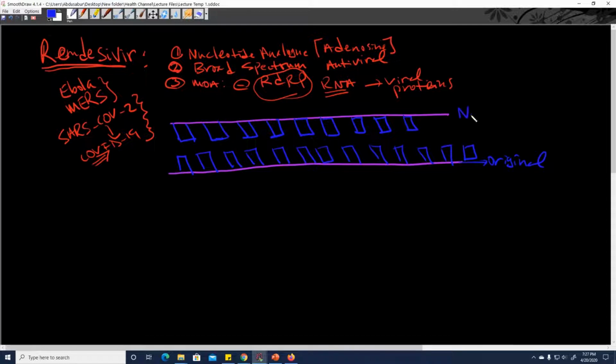And let's call this one the new template. So essentially, there's going to be an enzyme. The enzyme is going to sit somewhere over here. And what it does is it's going to move down this way, and it's going to use this original template to make a new copy in this direction.